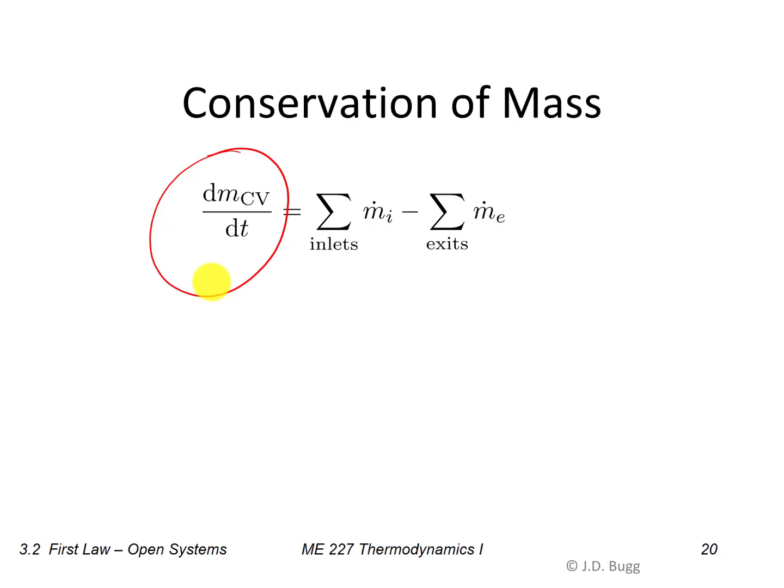On the right-hand side, again, we need to account for what's happening at the inlets, and there can be more than one of those, and what's happening at the exits. So this is just a summation over the inlets of the mass flow rate minus the mass flow rate at the exits. So that's our conservation of mass equation that we can apply to any of the systems that we're going to analyze.